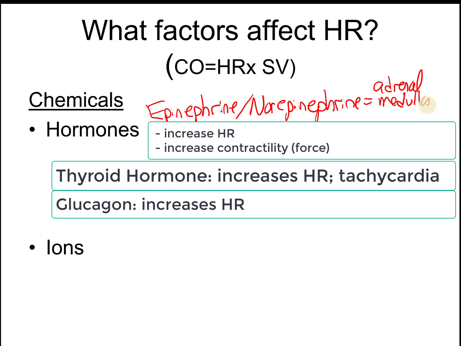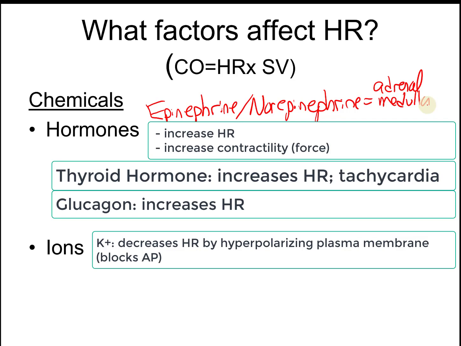Okay, what about ions? Well, we've got potassium and calcium. Potassium is going to decrease your heart rate by hyperpolarizing the membrane. Now remember, for the typical action potential, you have depolarization and then repolarization.